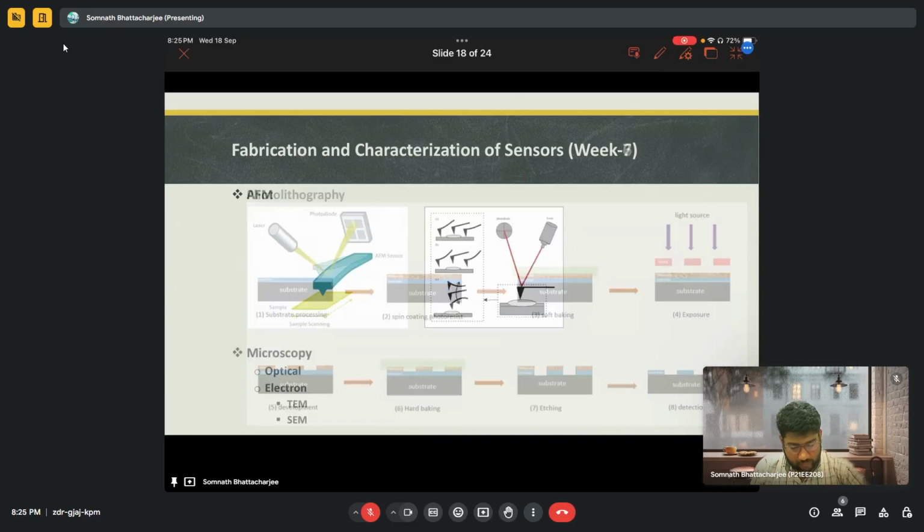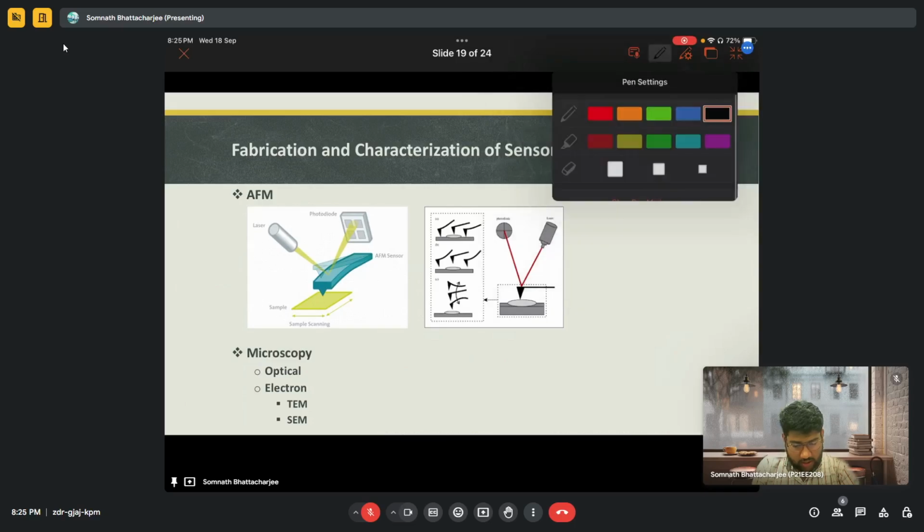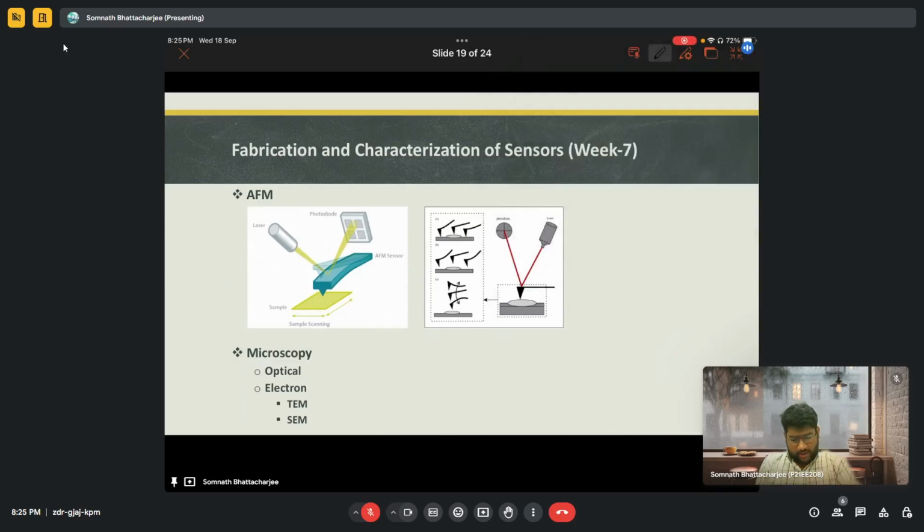Now, based on the fabrication and characterization techniques, there are several characterization techniques like AFM and SPM. AFM is atomic force microscopy. You have a cantilever beam, called the AFM sensor, and a direct laser is shone on the back of this sensor and collected through a photodiode.